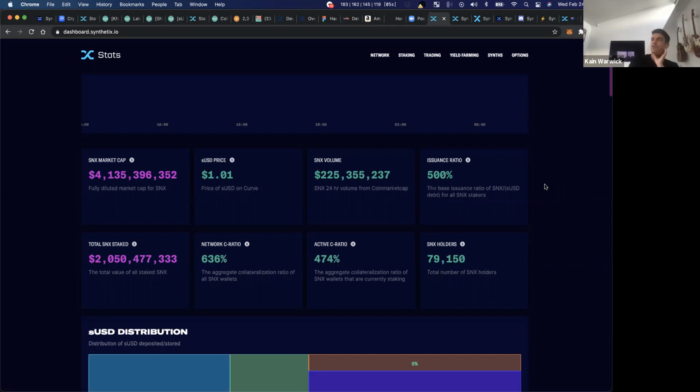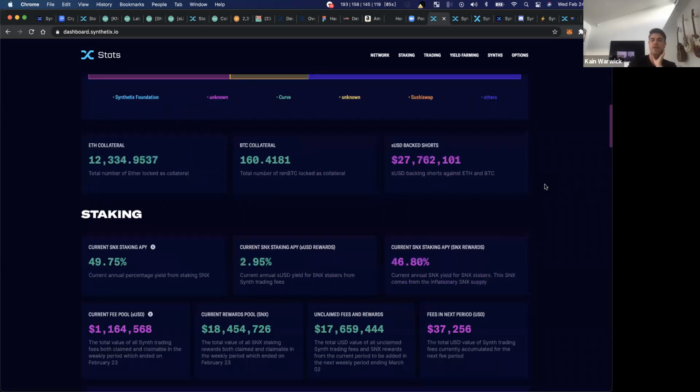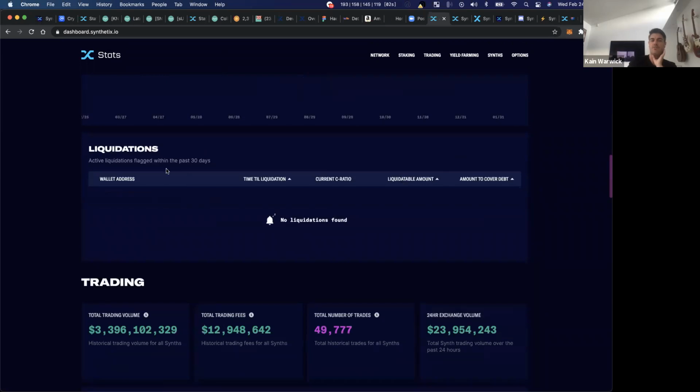On the Black Thursday question, at the time, if I remember correctly, the collateralization ratio was 700%. So we didn't go anywhere near that 200% liquidation threshold. I think it was a 50% drawdown, which was kind of fine. In fact, no liquidations were even triggered on the day.